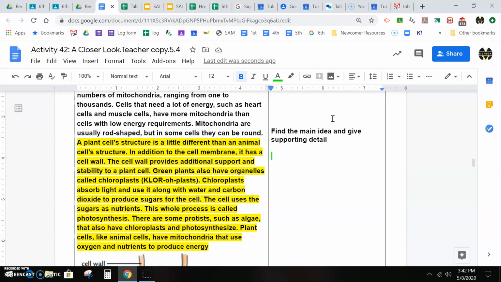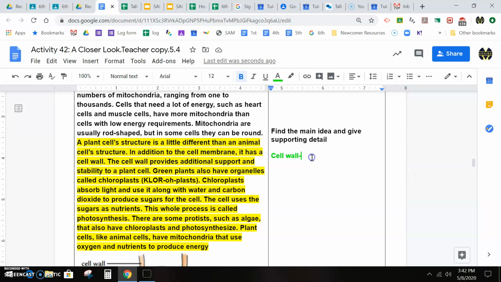And the first structure that I find, it talks about a cell wall right here. So in green, I'm going to take a note about the cell wall. And I'm going to put in my notes that the cell wall, I look right here, provides additional support and stability to a plant cell.